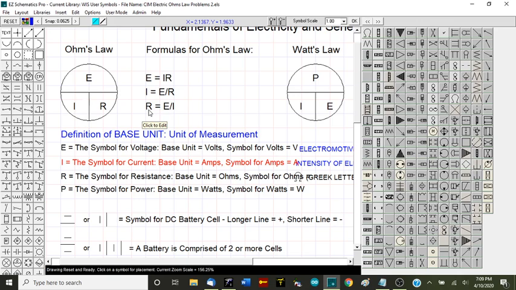The third variation of the formula is R, resistance equals the voltage divided by the current. So if I know the voltage and if I know the current, I can solve for the resistance.